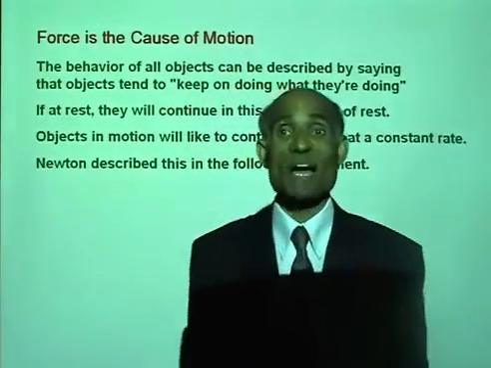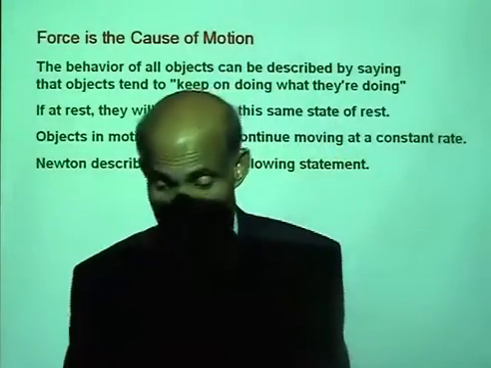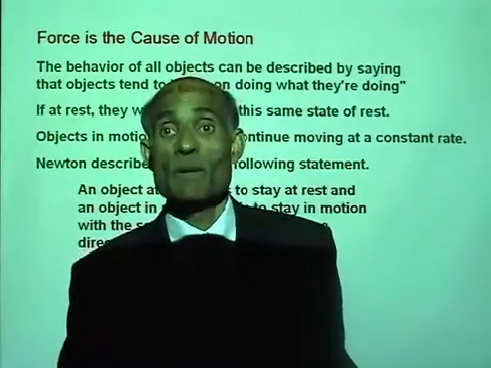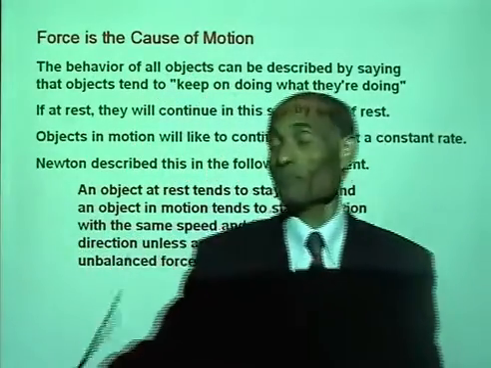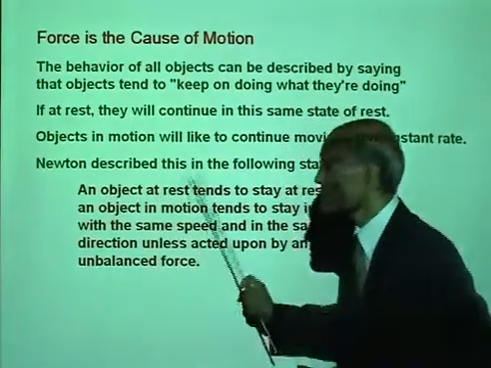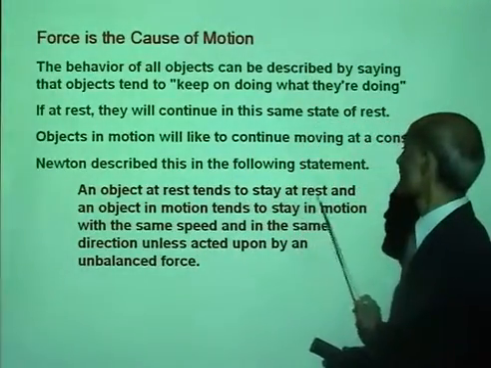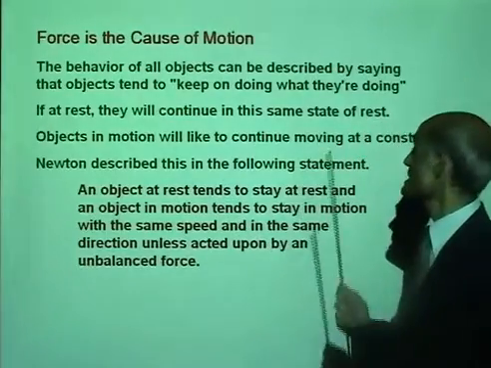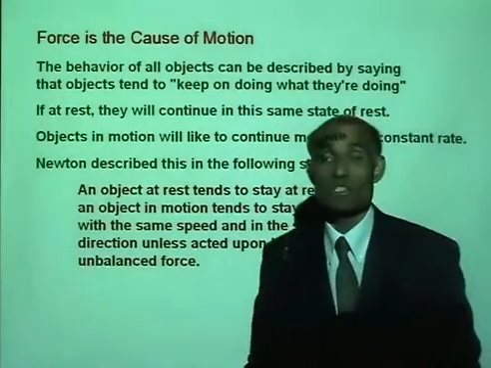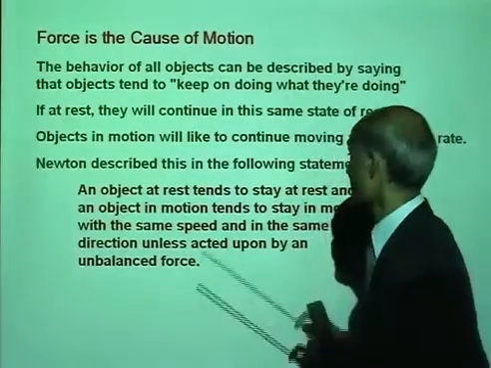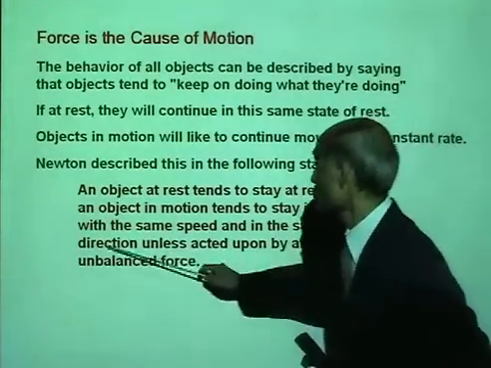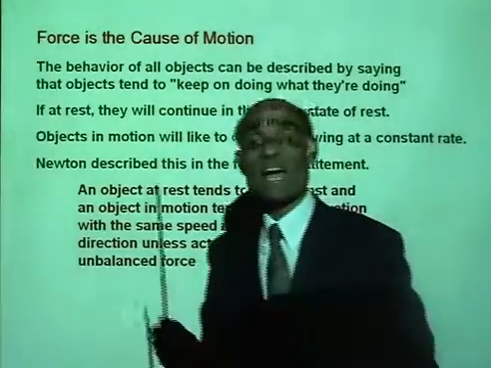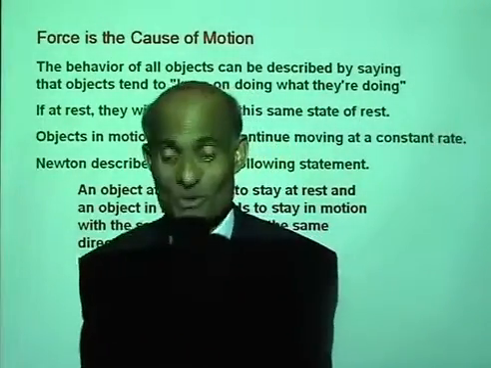Now, Newton described this in a statement that I'm going to give you. Newton said, an object at rest tends to stay at rest, and an object in motion tends to stay in motion, in the same direction, unless acted upon by an unbalanced force.